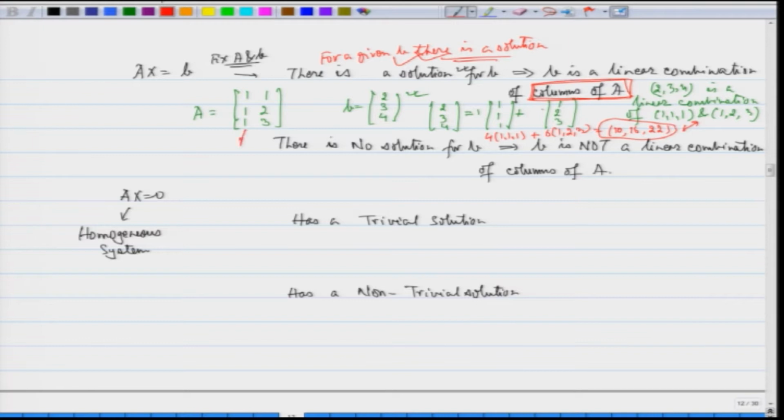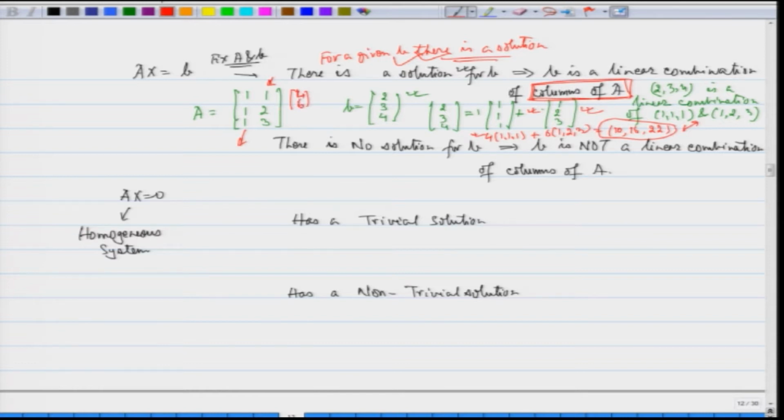1 1 1 is a column, 1 2 3 is another column. So, you can see that they are linear combinations of columns. How do you get this part? You get this using this vector, because multiplying on the right corresponds to looking at 1 times this, 1 times this. Is that okay? This one corresponds to 4 times this and 6 times this.